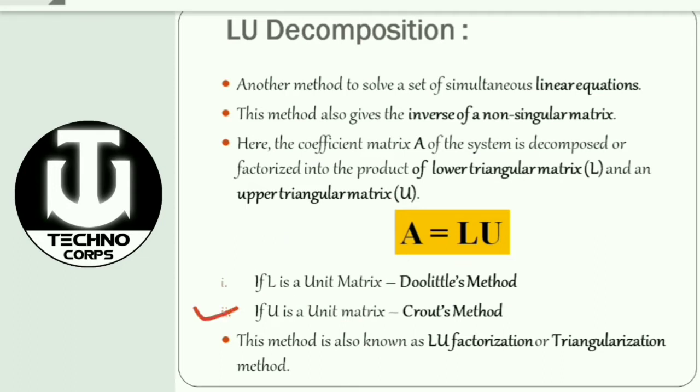And if U, the upper triangular matrix, has diagonal elements of unit magnitude, then that is called Crout's method. You may be asked in an exam to solve the given equation with the LU decomposition method using Crout's method or Doolittle's method, so you should remember this.